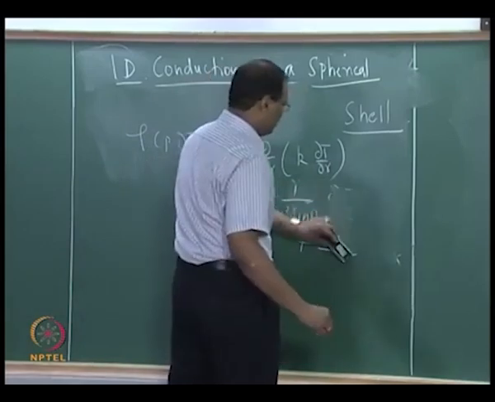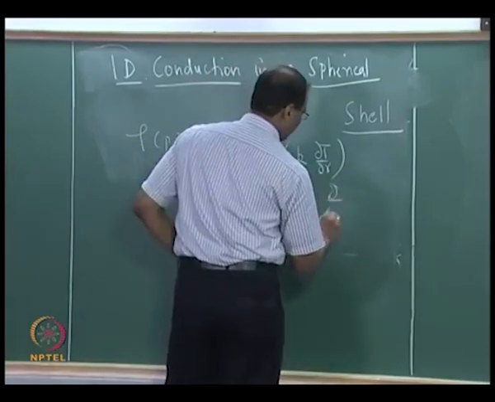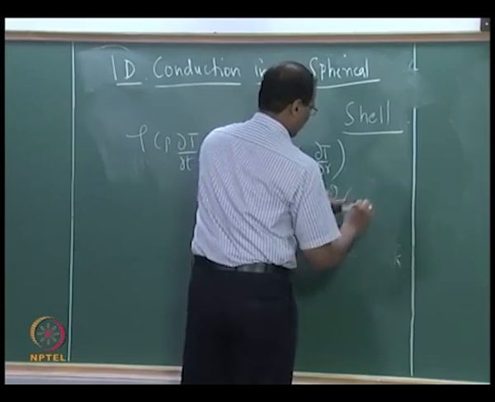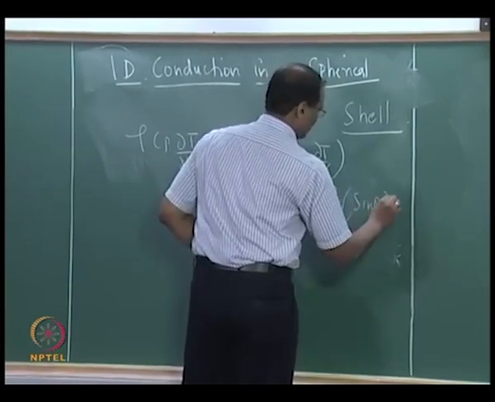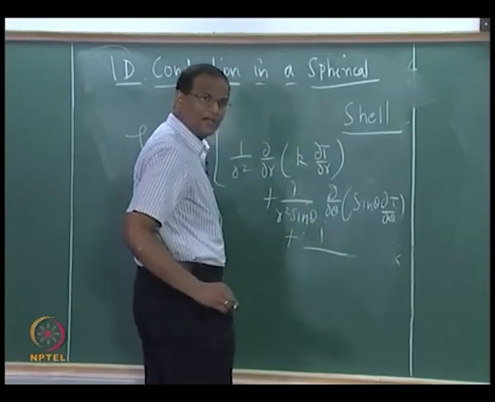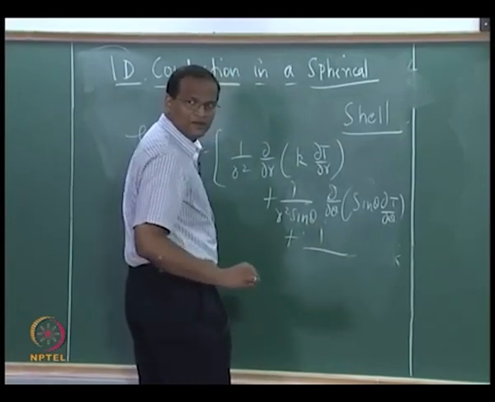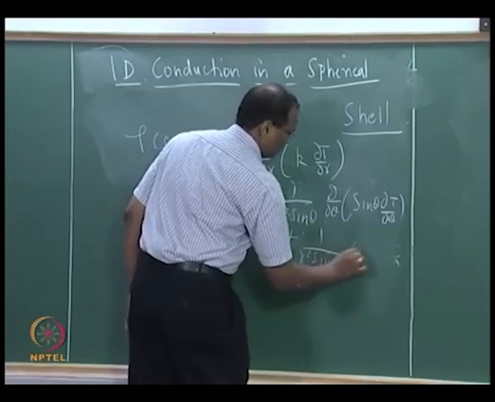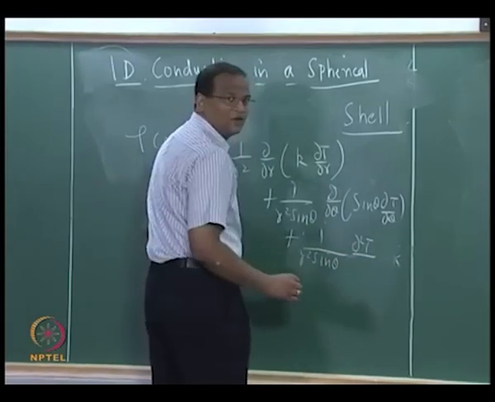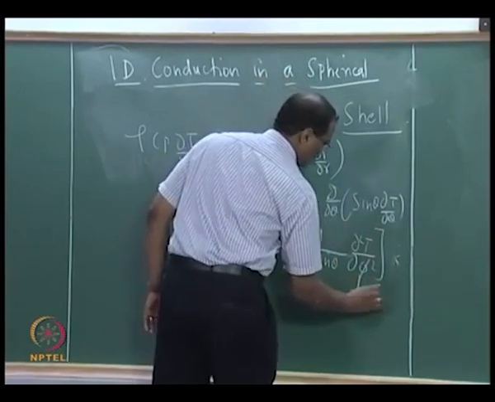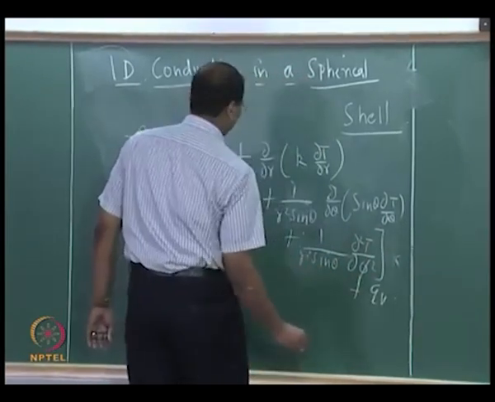Dou by dou theta of sin theta, okay, then plus 1 by r squared sin squared theta, dou square T by dou phi square, by k.